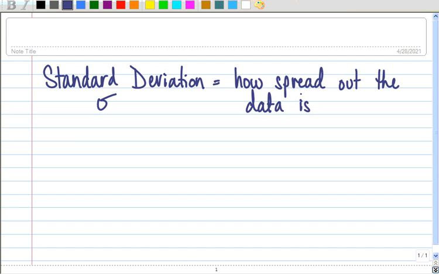And we saw last day examples of this where there were 3 data sets and the average, the mean, all came out at 15, but some of the numbers were really tightly clustered around that mean, and other ones spread all over the place. There was huge variability. So standard deviation is one of the calculations that you're going to do today for your experiment, which I haven't even introduced yet, but we'll get there in a moment.